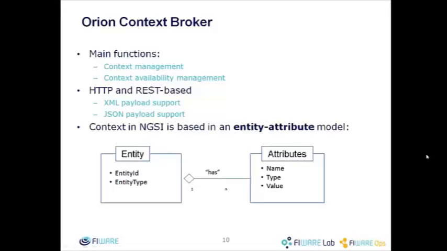It only makes sense when you're really able to model the information that you treat in your application using entities and attributes, and also based on the fact that the information you generate can be consumed by other applications, or the other way around, that you can consume information produced by other applications. Maybe also a part of your application can produce the information and another part can consume it.